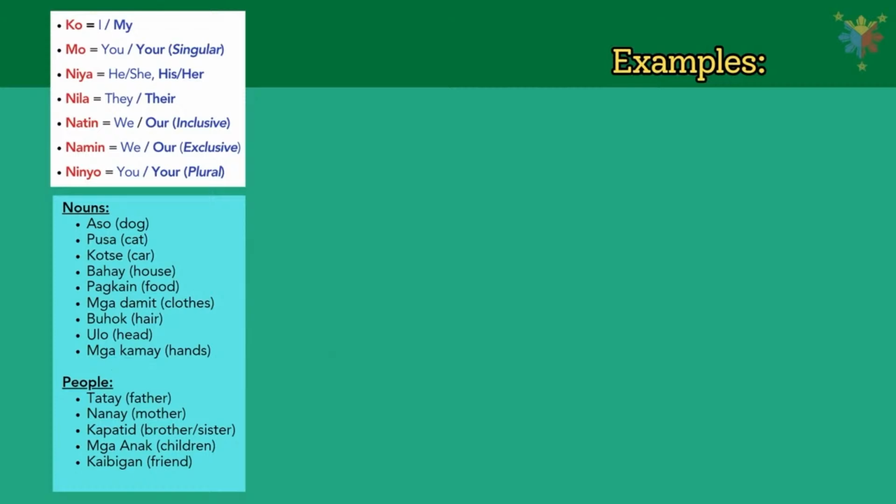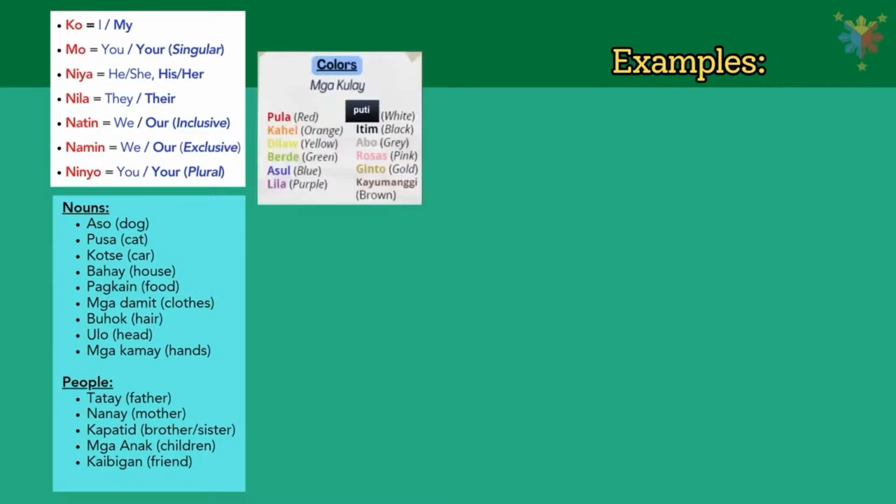Now here are some words for people that you might know. Tatay, father, nanay, mother, kapatid, brother or sister. So that's gender neutral. Kapatid is a brother or a sister. Mga anak, children, kaibigan, friend. And now here are some adjectives. So here are different colors, mga kulay.